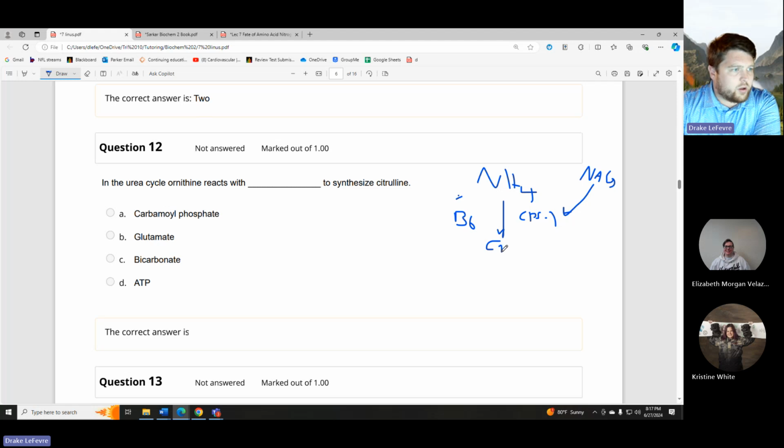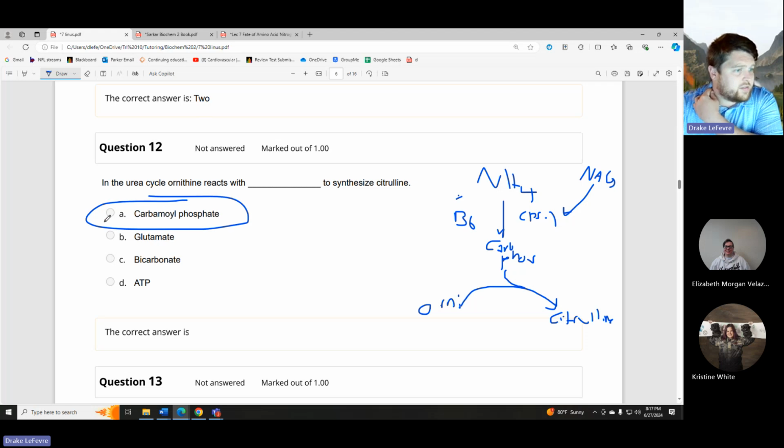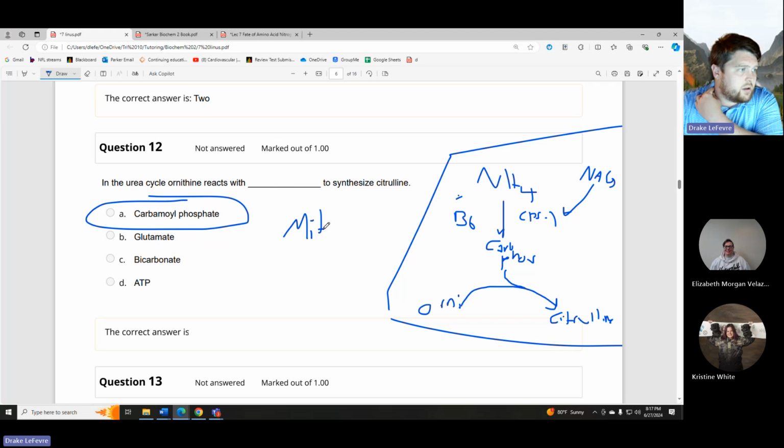We get carbamoyl phosphate. And then our ornithine comes and interacts with our carbamoyl phosphate to give us our citrulline. So in this case, ornithine reacts with the carbamoyl phosphate, and this whole part happens inside of the mitochondrial matrix.